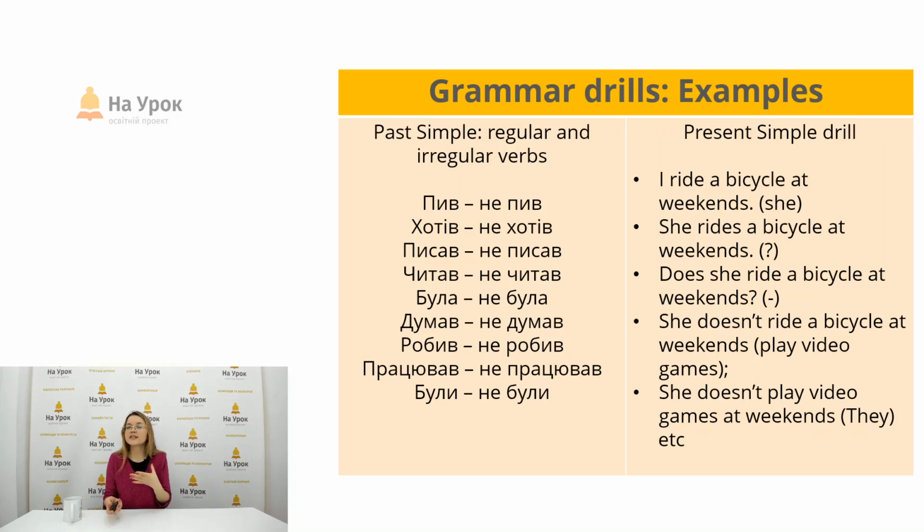And the answer is drank and then didn't drink, right? So you basically use the two most important chunks of the two sentence structures. And then хотів, не хотів. Here I mixed up the regular and the irregular verbs. You could focus on just regular or just irregular. And so your student goes like, wanted, didn't want.